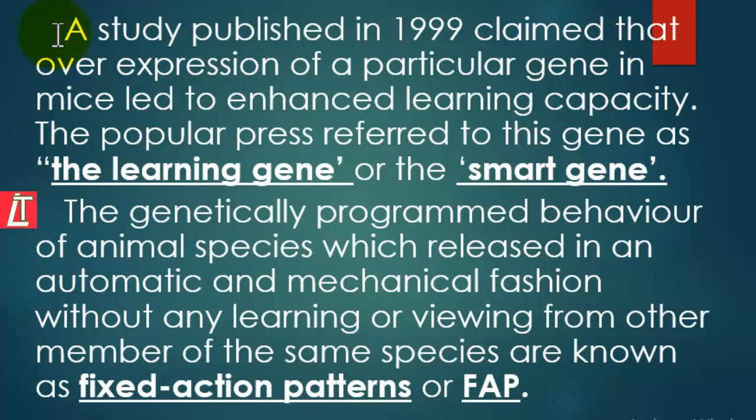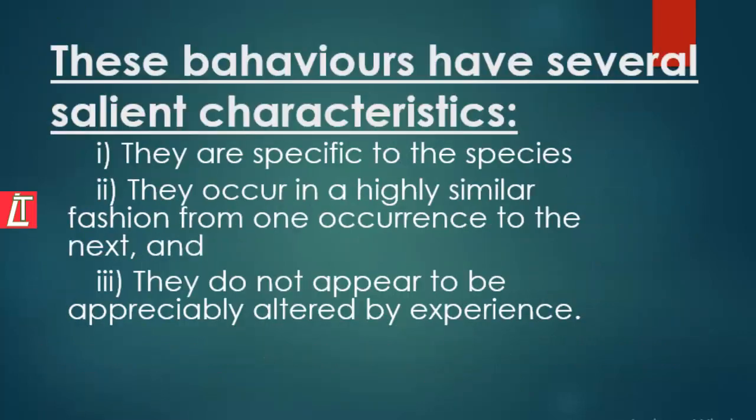The genetically programmed behavior of animal species, which is released in an automatic and mechanical fashion without any learning or viewing from other members of the same species, is known as fixed action patterns, or FAP. These behaviors have several salient characteristics.